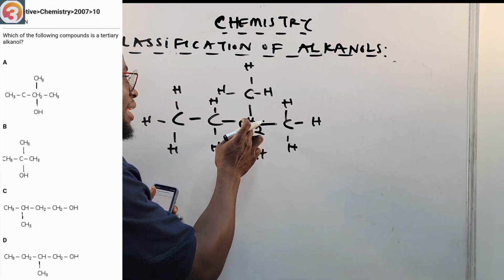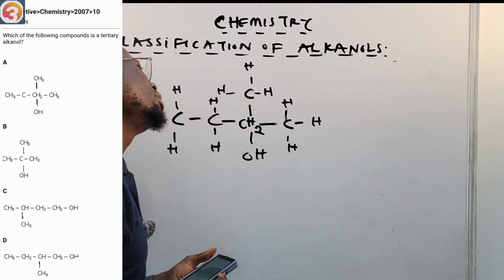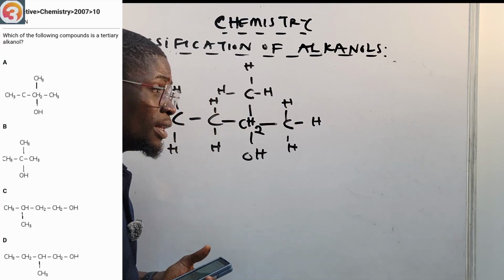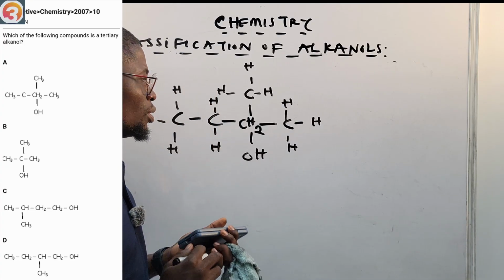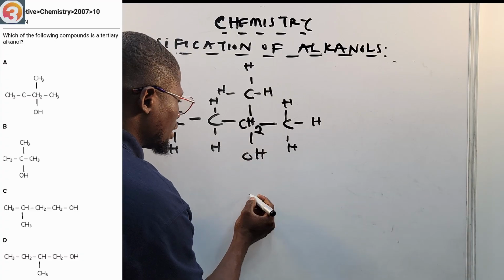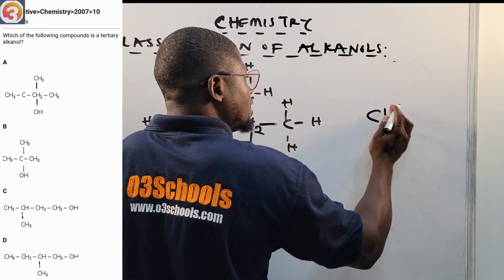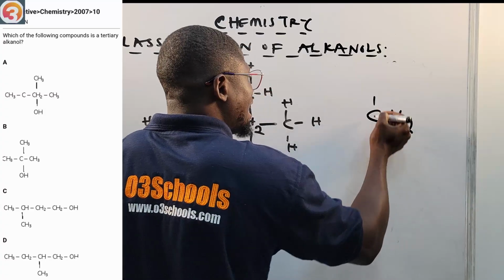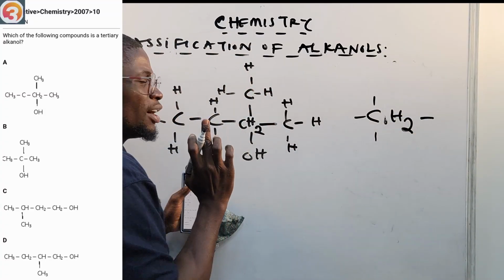CH2 cannot be here because you already know that there can only be 4 bonds surrounding a carbon atom. You cannot have CH2 and now have 4 bonds again. Look at 1, 2, 3 bonds; the bonds are already complete.